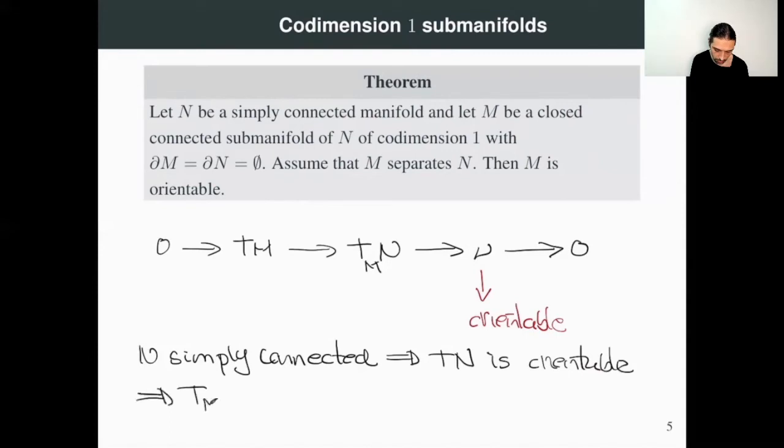But now we have a short exact sequence of morphisms of vector bundles, and two of the vector bundles in the short exact sequence are orientable. Then the third one is also orientable. So as a consequence, the tangent space of M is orientable.